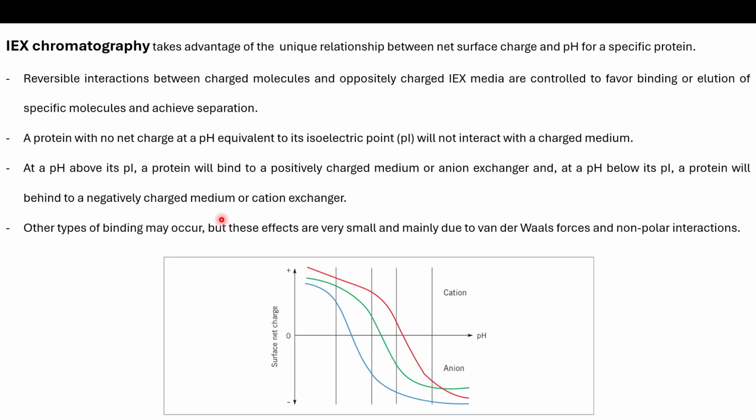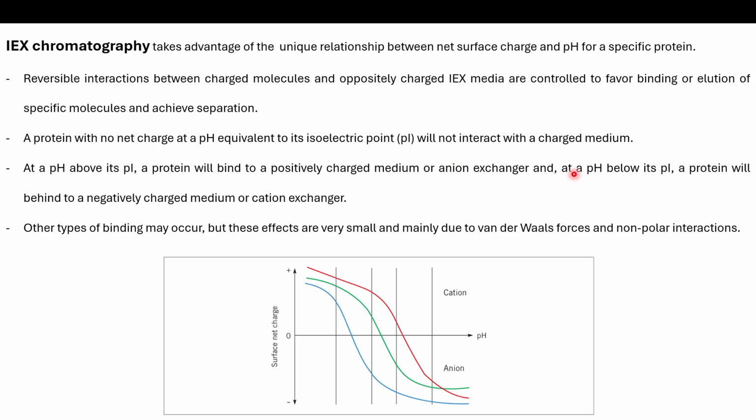At a pH above its pI, a protein will be negatively charged. Hence, the protein will bind to a positively charged medium or positively charged matrix, which is also known as an anion exchanger, because the protein is in its anionic form, right?